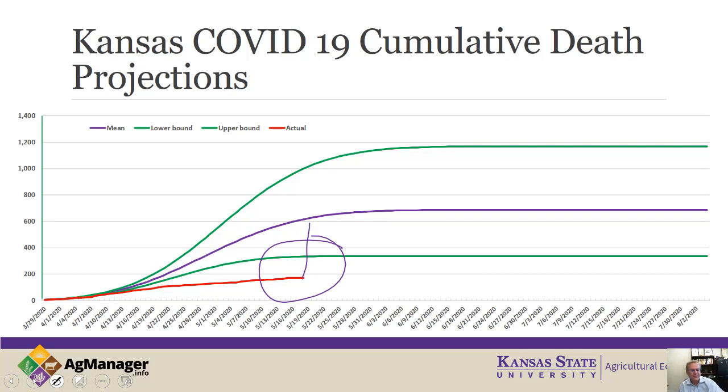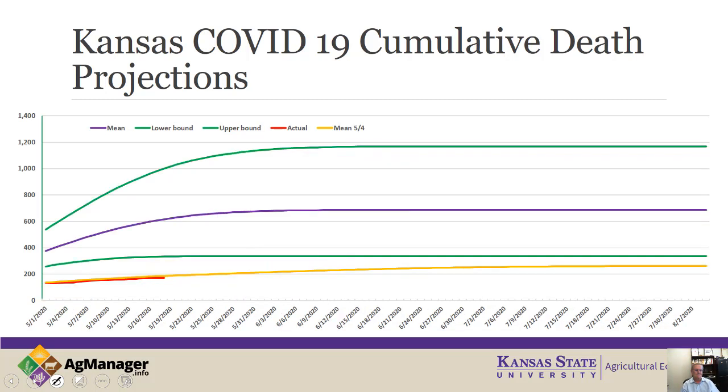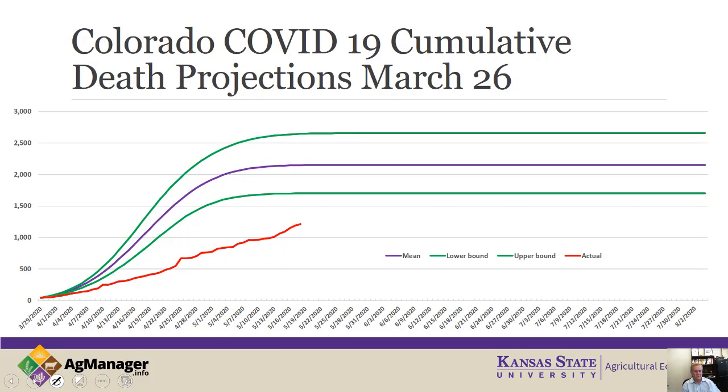If you look at the difference there, we're well over 400 deaths less than was originally expected. With the newer model, we're tracking much closer, as you would expect. But again, you can see that the red line is a little bit below the orange line. And so the May 4th prediction is a little bit higher than the rate of death that we've been experiencing.